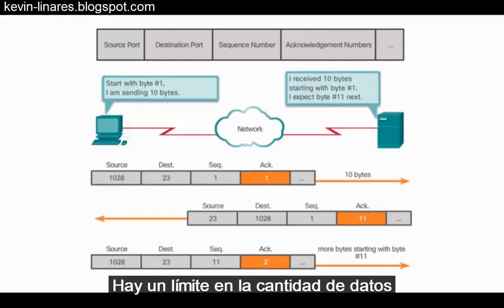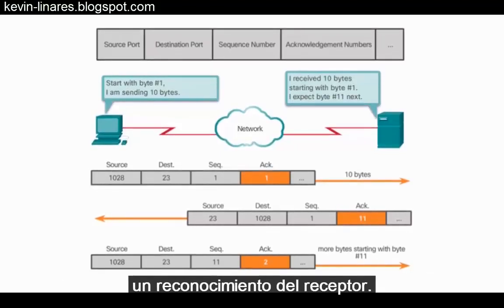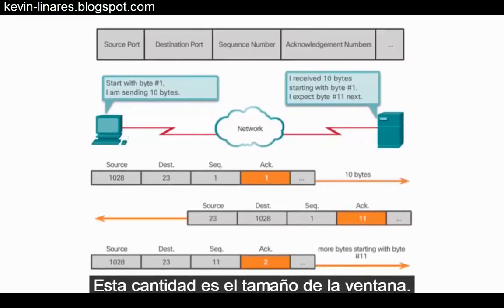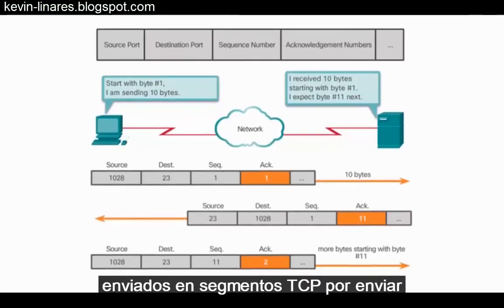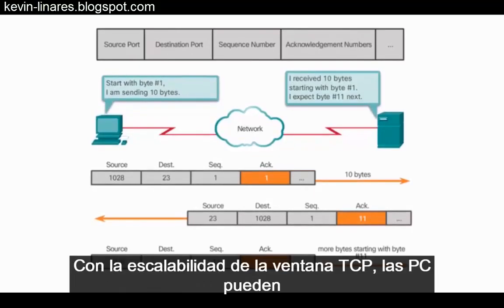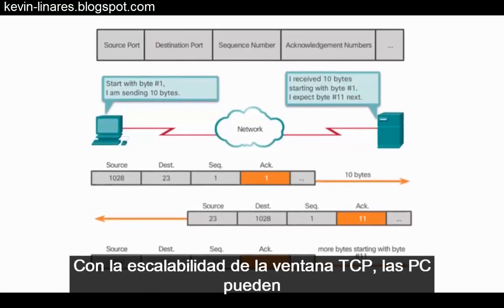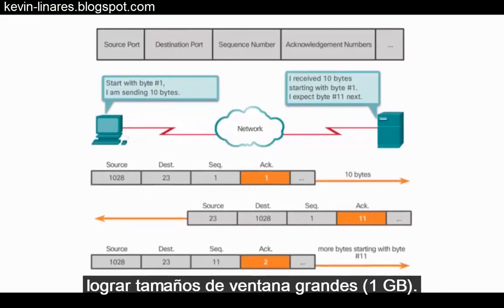There is a limit to the amount of data the sending host can send before it receives an acknowledgment from the receiver. This amount is called the window size. The window size is the total number of bytes sent in TCP segments that can be sent before receiving an acknowledgment. Using TCP window scaling, computers are able to achieve large window sizes of up to 1 gigabyte.